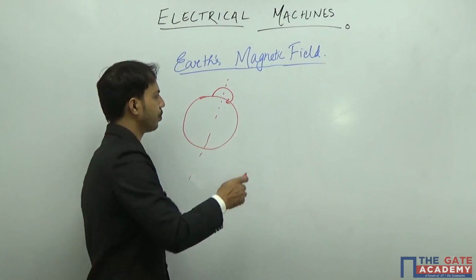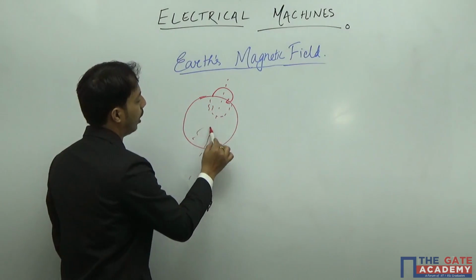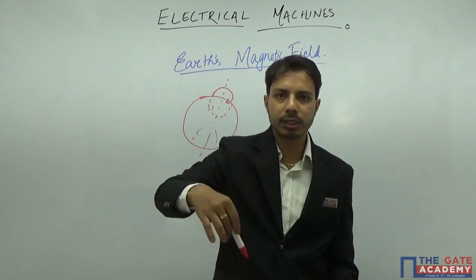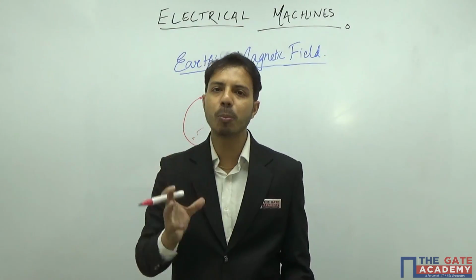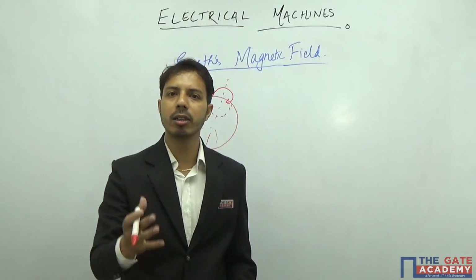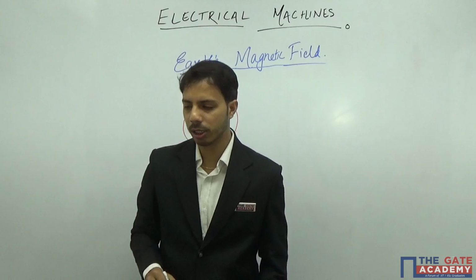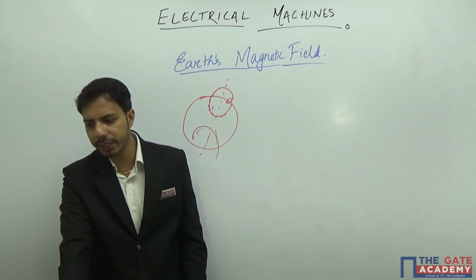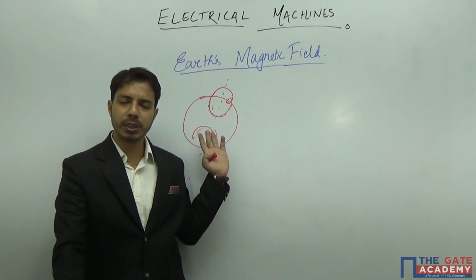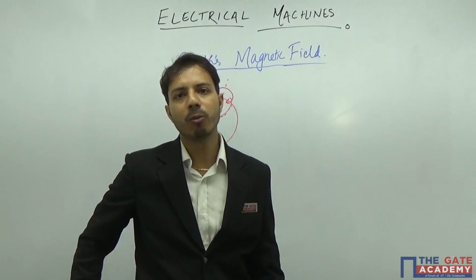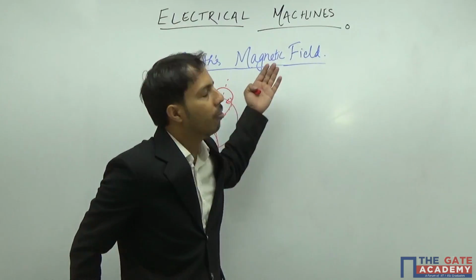Similarly, in the Earth, there are molten irons in the Earth's crust, and whenever the Earth is rotating itself, a molten iron whirlpool is created in these two places. Due to this rotation, electric current is generated, and due to that electric current a magnetic field is generated.